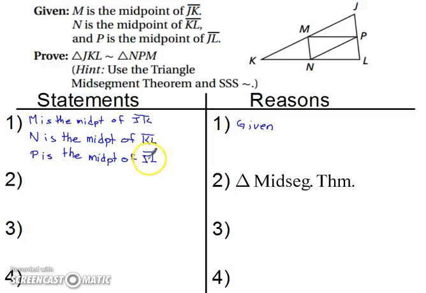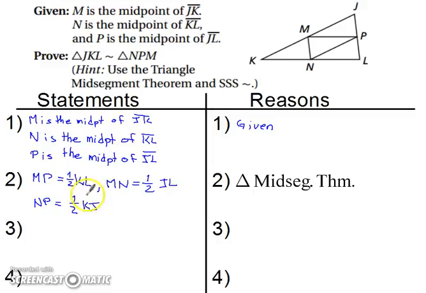So then we can utilize the triangle midsegment theorem because we have MP equals half of KL. We have MN would equal 1/2 of JL, and NP would equal 1/2 of KJ.